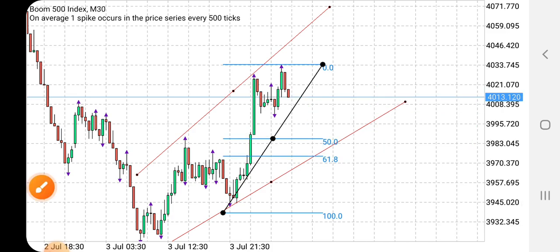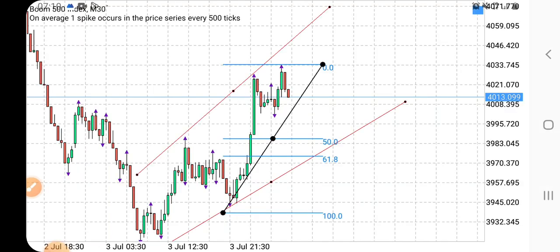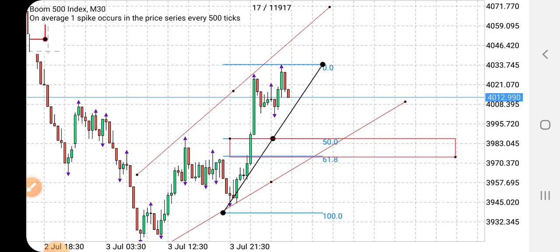So once you see this, you just quickly mark out this level. Okay, if you don't want to make your chart dirty, you just mark out this level with this. You can use a horizontal line to do that also, but you can just do it this way.